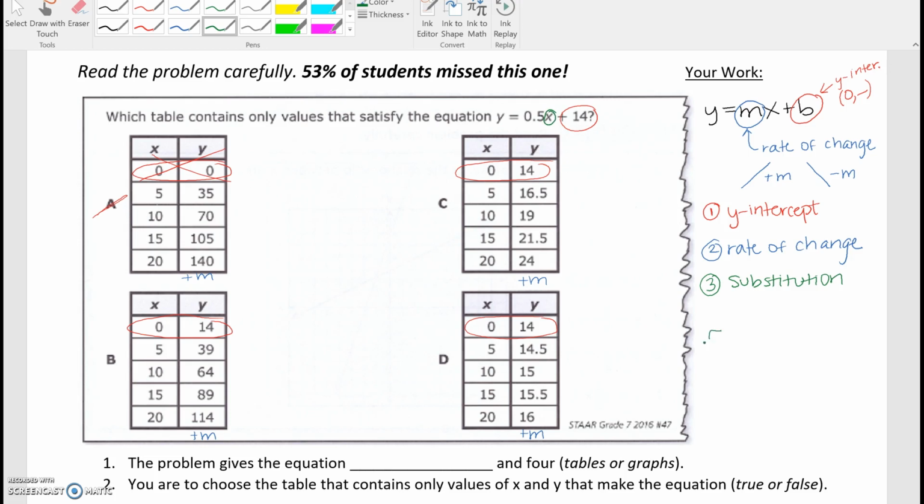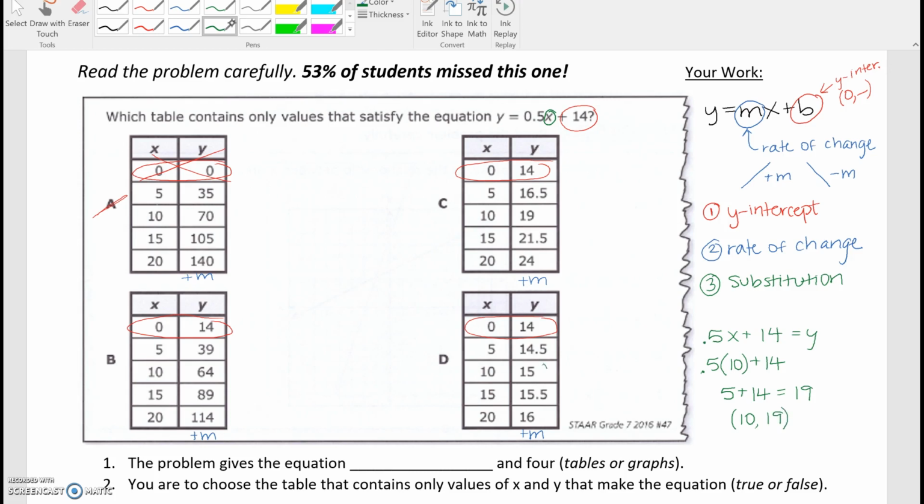So I have 0.5x plus 14 equals y. So I have 0.5 times 10 plus 14. So 0.5 times 10 gives me 5, plus 14 is equal to 19. So I am looking for an x value of 10 and a y value of 19.